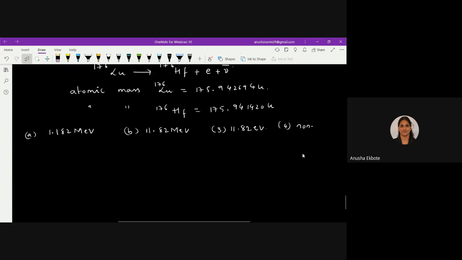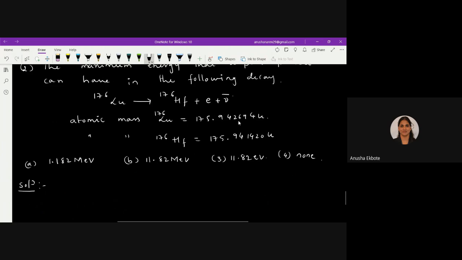Let us try to solve this. In the solution, we need to find the kinetic energy of the beta particle here. Beta particle in this equation is nothing but the electron, right? Antineutrino is emitted in this reaction, but it will not carry any amount of energy. So the total energy of this beta particle will be the difference of the energy of the reactant and the product.